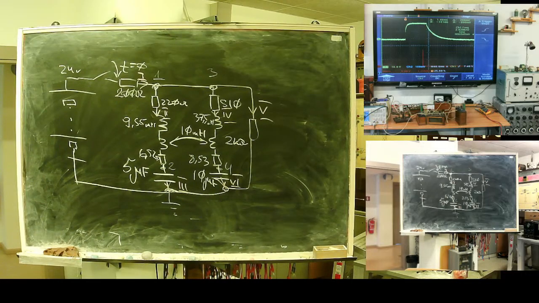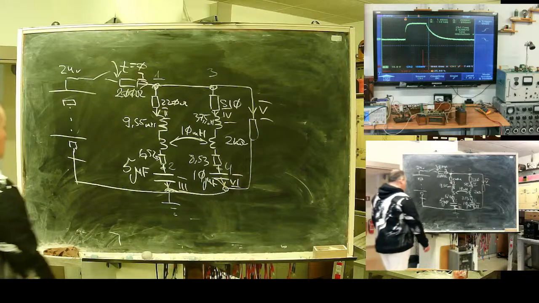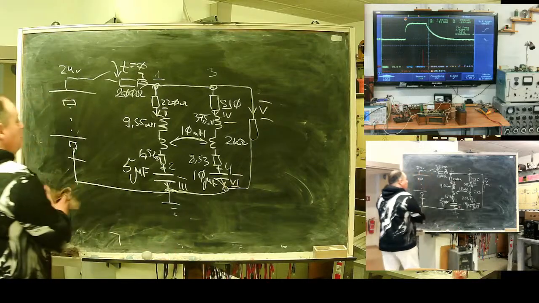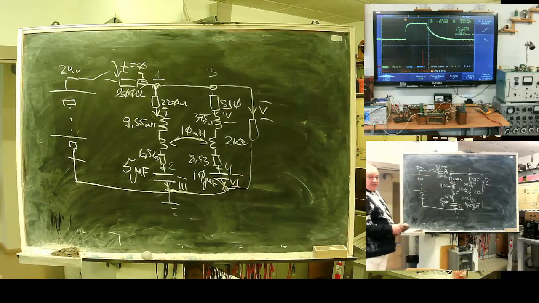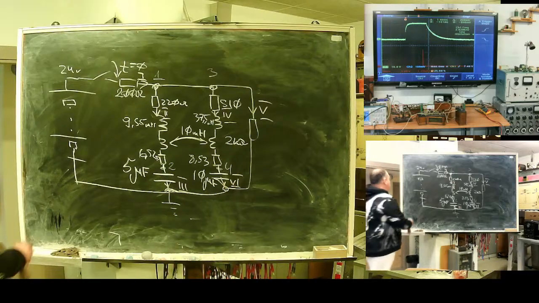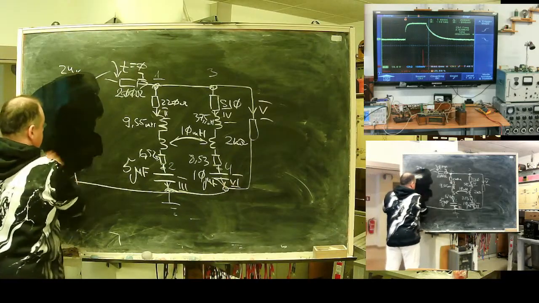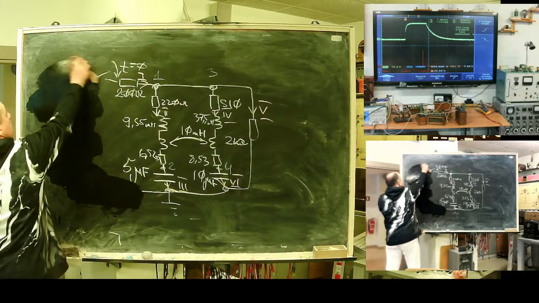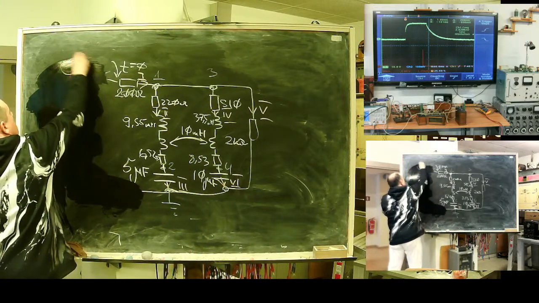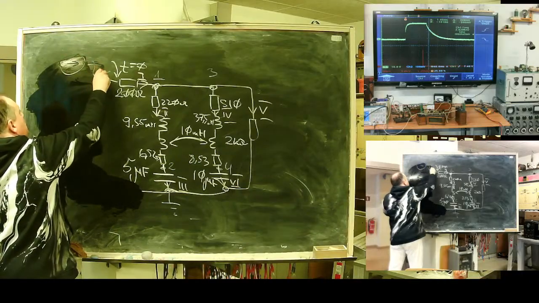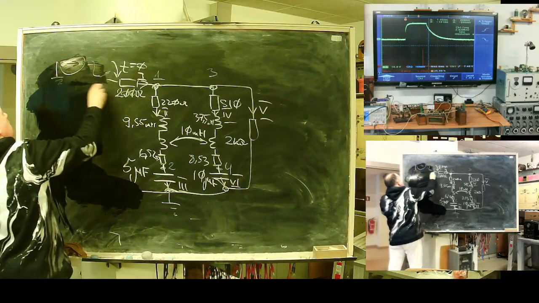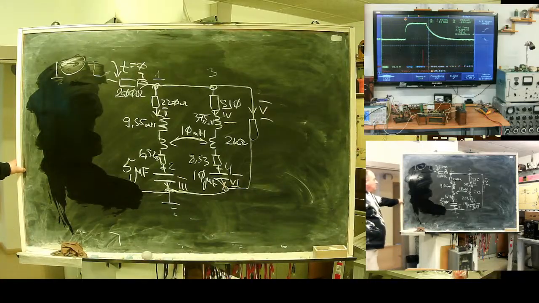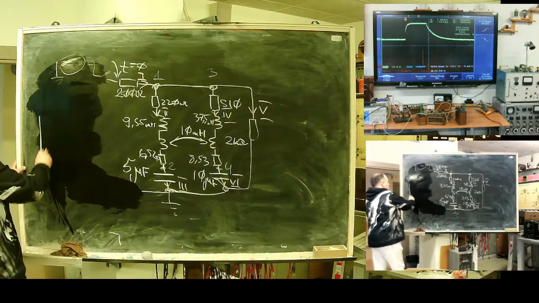Next step, I will need to create a matrix of incidence, a matrix describing this network. I will free some space. Here will be the matrix A. What is the rule of this matrix?